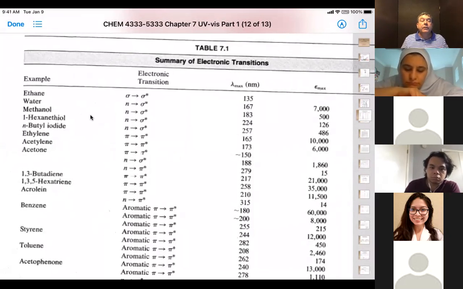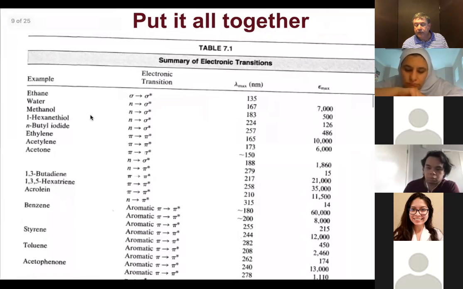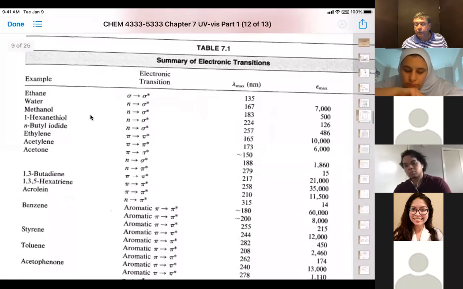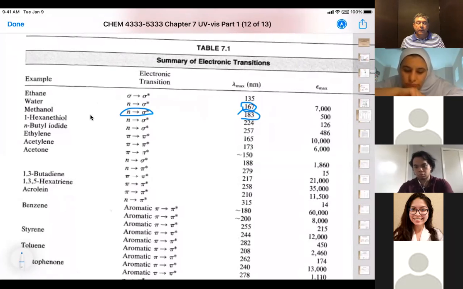Now once we get to water, we still have sigma bonds, but we have non-bonding electrons on the oxygen. When we have those non-bonding electrons on the oxygen, that's a smaller gap, and therefore we see a higher wavelength, which is a lower energy. And then methanol, same thing, higher wavelength, lower energy.